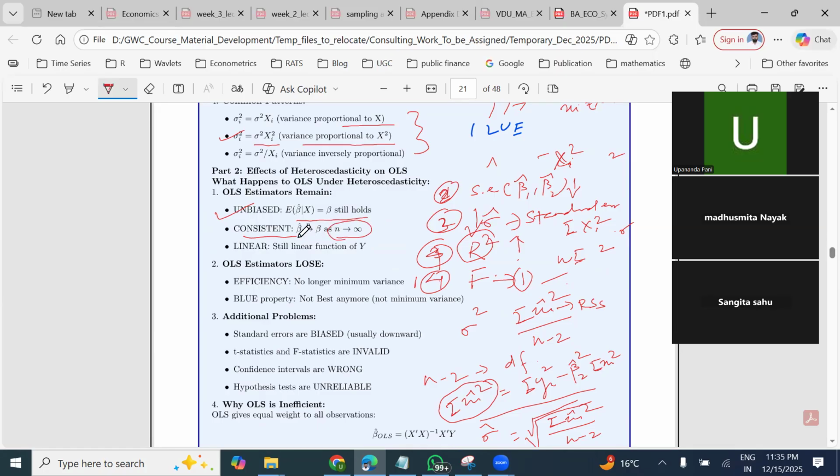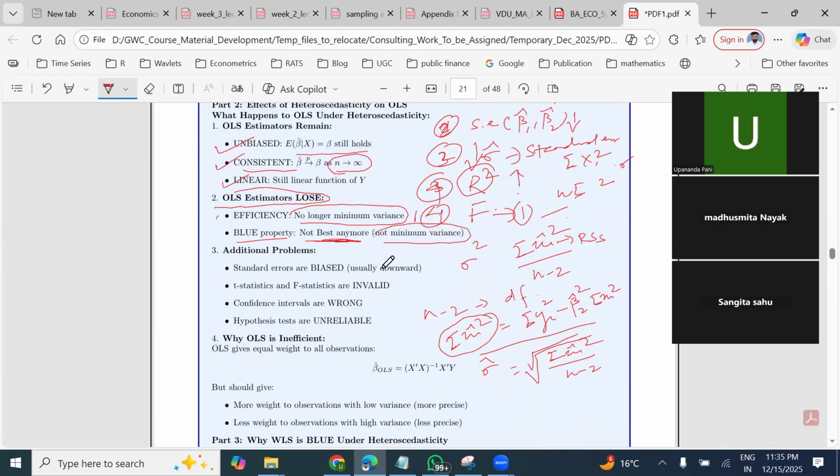Consistency is a very important property. Also linearity, which we have already discussed. Now if we use the OLS estimator, the variance will be no more minimum. So the BLUE property will not hold anymore, because minimum variance is violated.